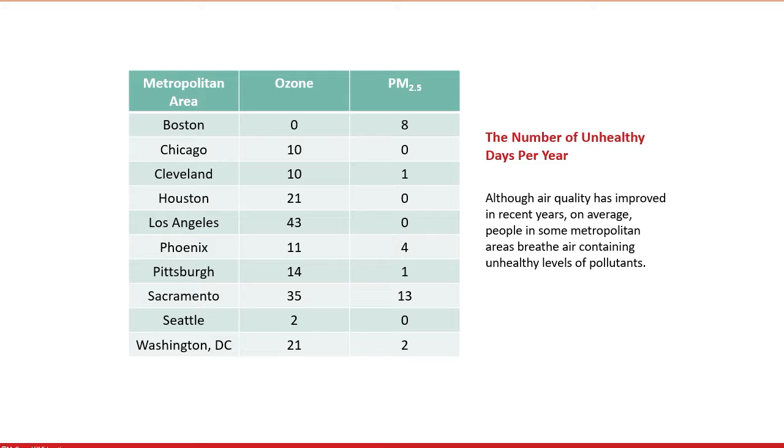This is Boston, Chicago, Cleveland, Houston, LA, Phoenix, Pittsburgh, Sacramento, Seattle, and Washington, D.C. Even though air quality has improved, what do you see there? Chicago had 10 days where they had really bad ozone, and Los Angeles had 43 days. Whereas in PM, Sacramento had 13 days where PM 2.5 was so high, it was considered hazardous.